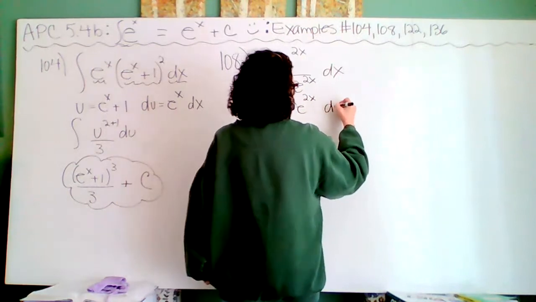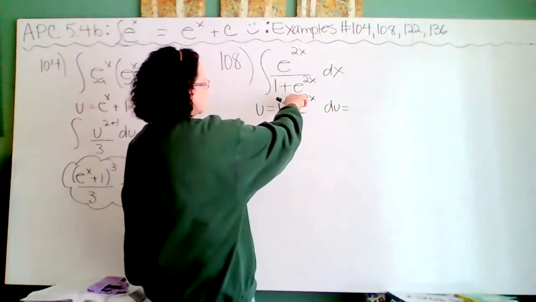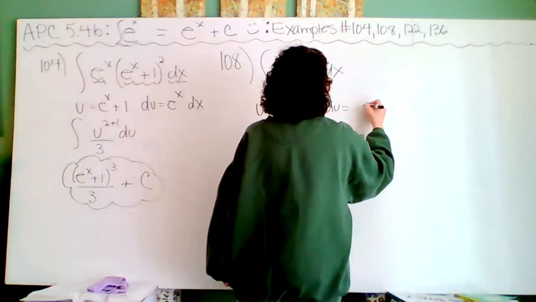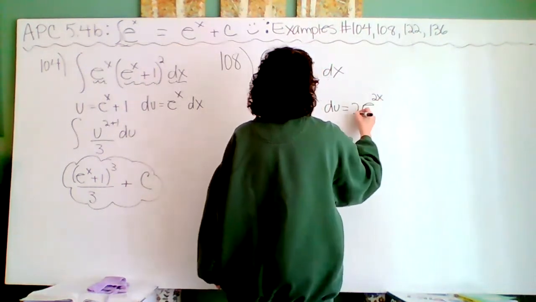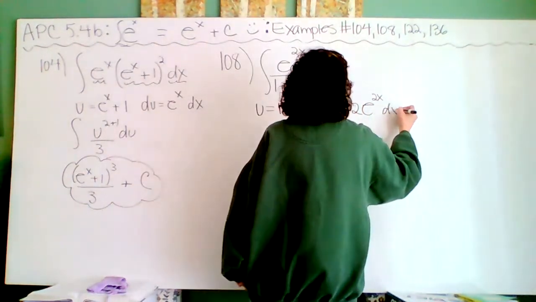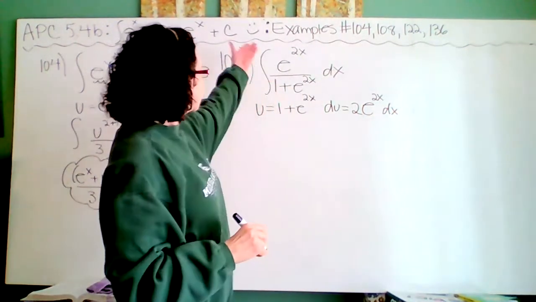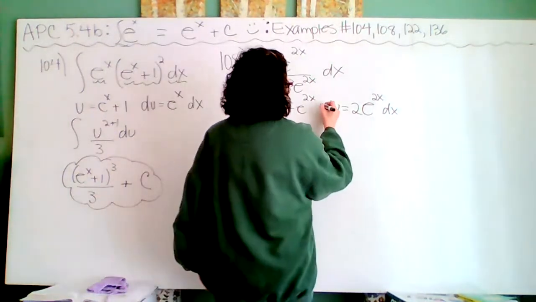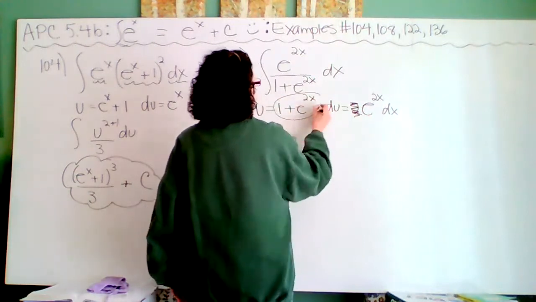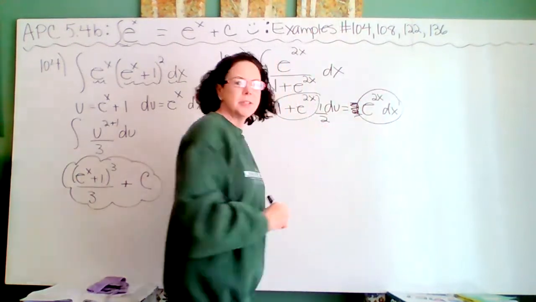That would make my du the derivative of 1, which is 0, plus the derivative of e to the 2x, which is itself times the derivative of the inside function, dx. I don't see a constant of 2. I will divide by 2.